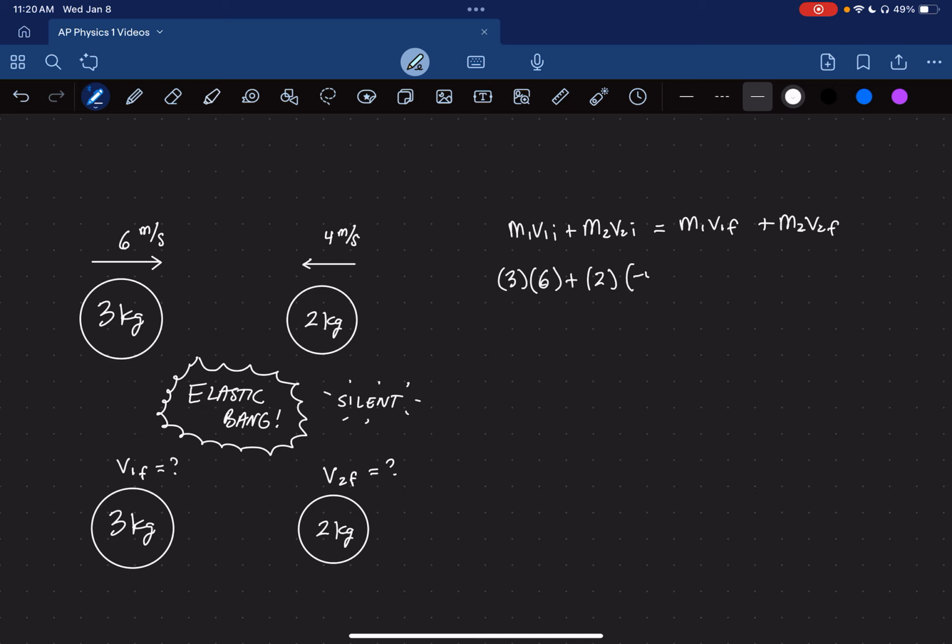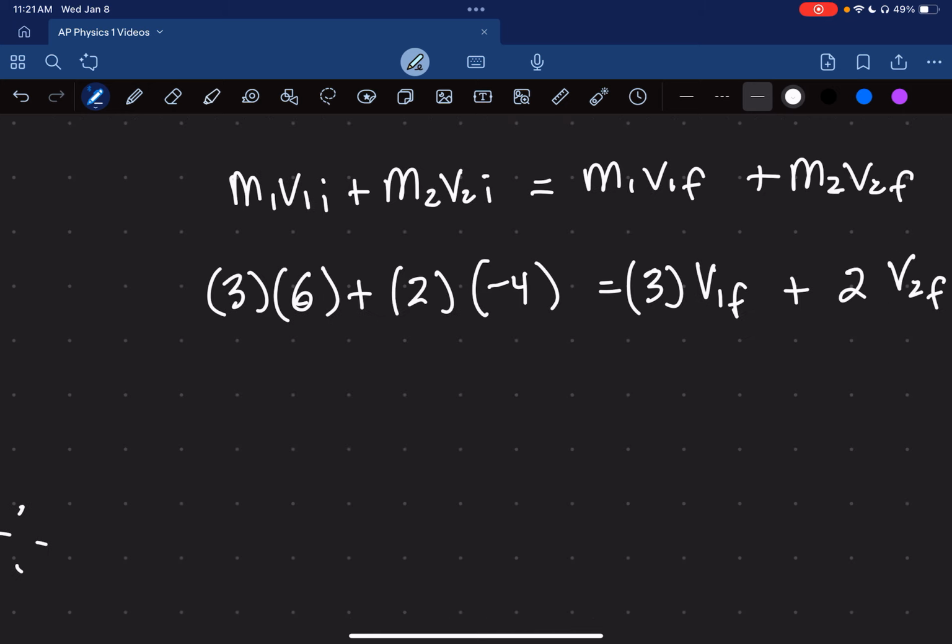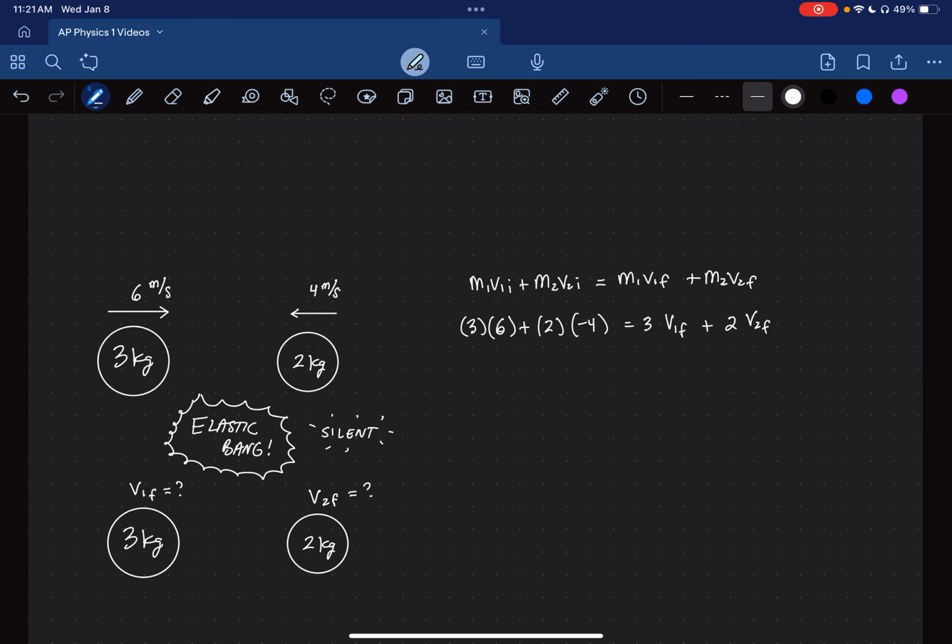That means -4, because we have to take account of that direction. So mass 1 is 3. We do not know v1f, big question mark there, and then we'll put in mass 2. We do not know v2f, and we don't need parentheses here, although you can leave it, it's fine.